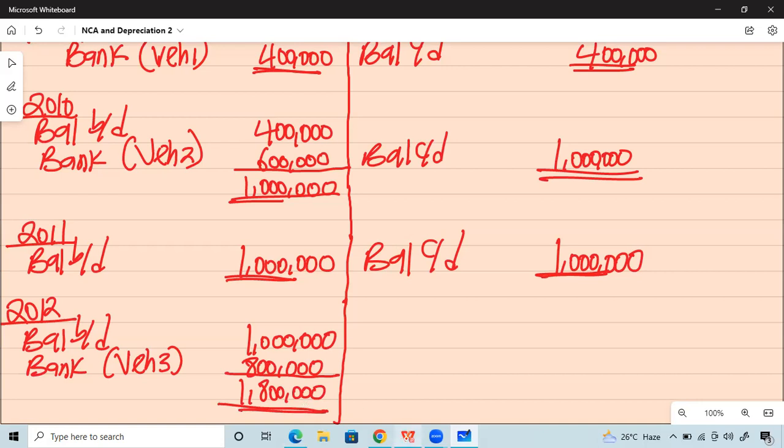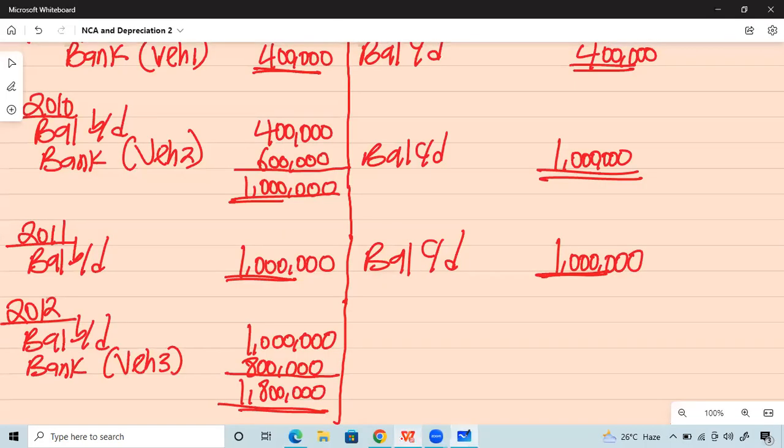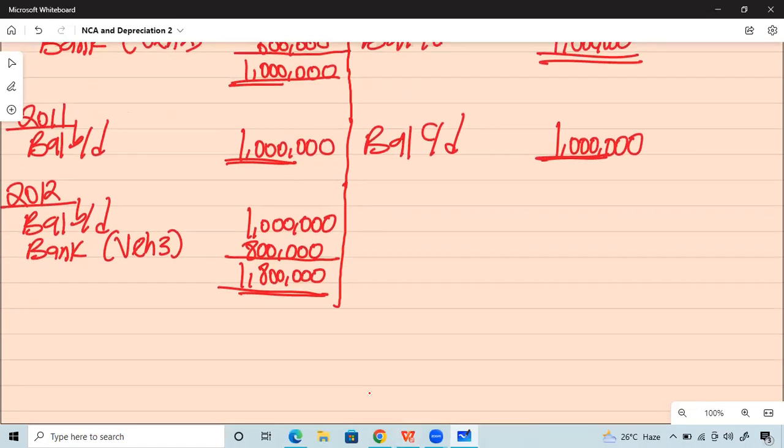Then what happened again after the full stop? On the same date, vehicle number 1 was sold for 100K. That is the amount that you sell vehicle number 1 for. What you are not going to do is forget about that particular amount.